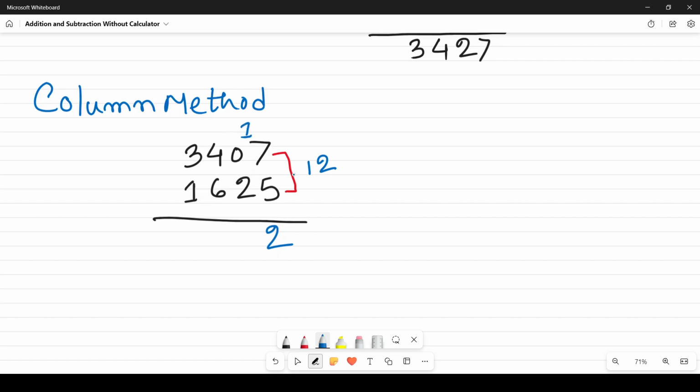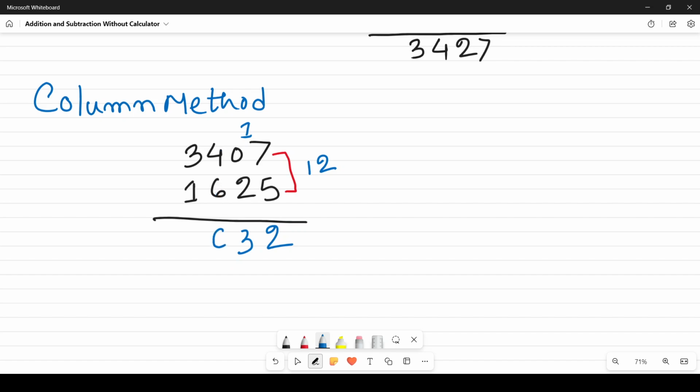Because the place value of this 1 is 10, I need to add it with the same place values in these two numbers, 0 and 2. 0 plus 1 is 1, 1 plus 2 is 3, so I get 3.